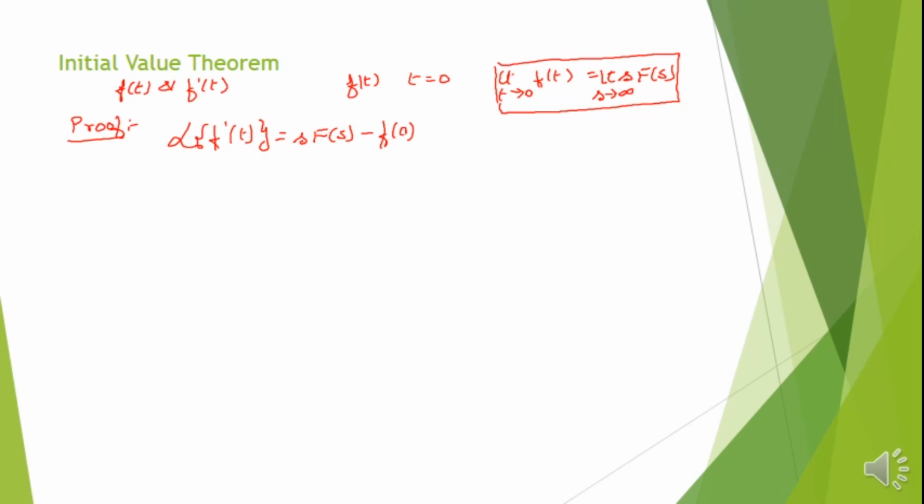Now, based on the first principle method or based on the formula, this Laplace transform of f dash of t is equal to integral 0 to infinity f dash of t e to the power minus st dt, equal to s F of s minus f of 0. This is based on the derivation.